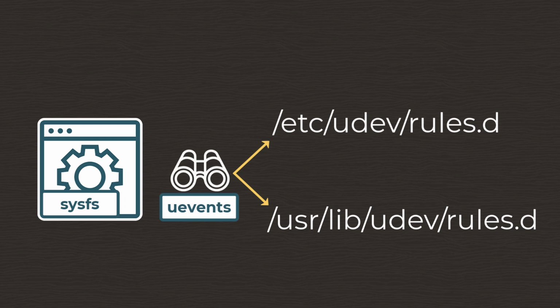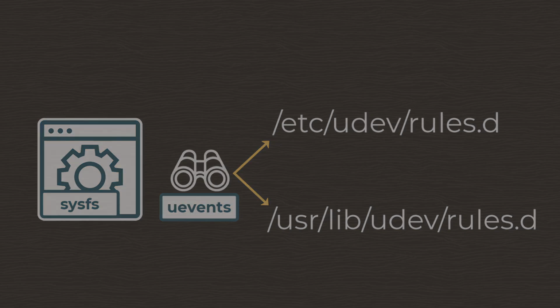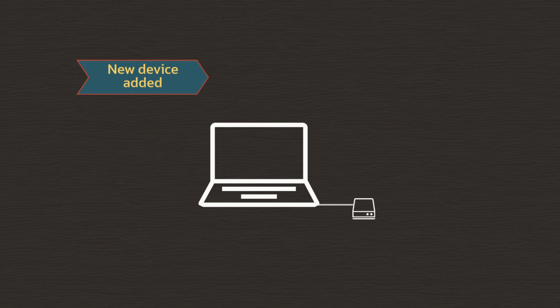When a uevent occurs, Udev references the information located in the device files located in these directories to understand how it should process it. Hopefully this representation will help to outline the flow of events that occurs when sysfs sends a uevent to Udev. First, the kernel detects a new device is attached. Next, the kernel creates a device entry in the /dev directory.